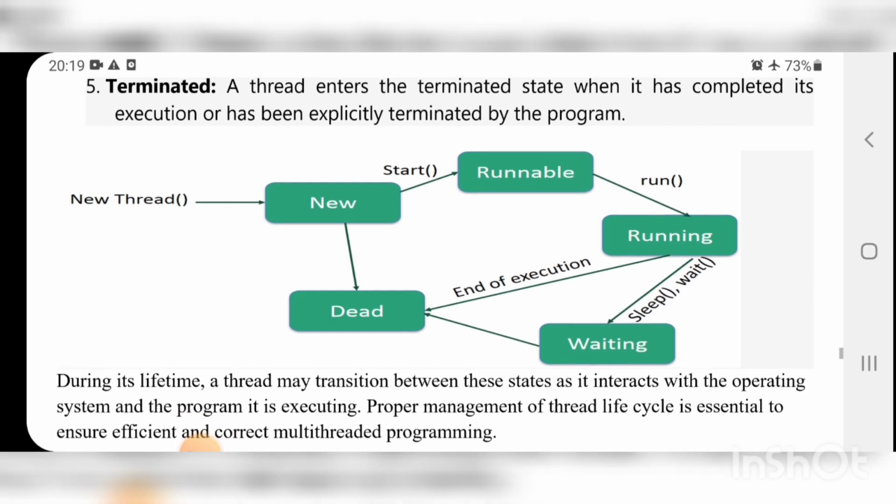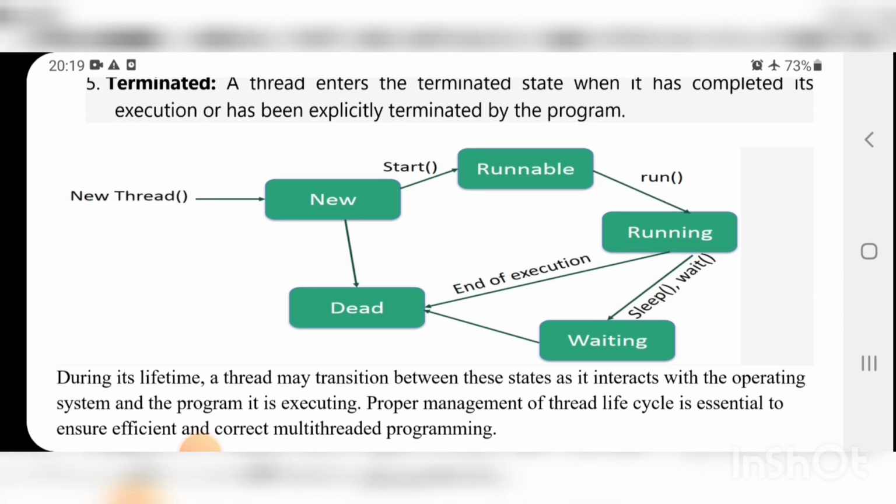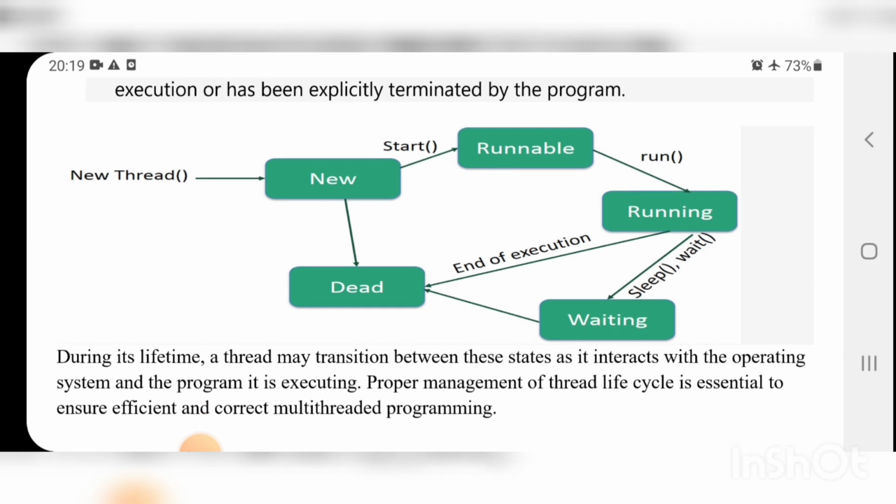After that, the second stage is the runnable state, and the method is start. When the start method is invoked, the thread enters the runnable state, which is ready to run. It has not started yet, but it is ready to run.